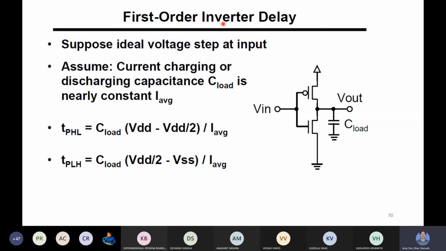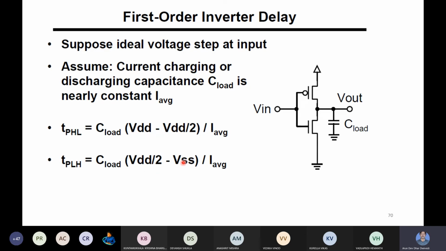Similarly, it is a first order approximation. First order inverter delay calculation is a very simple approximation: C load times (VDD minus VDD by 2), because at the 50% point the output is VDD by 2, and we consider the average current I average. Similarly, TPLH we can calculate. It is going from low to high, so when it reaches 50%, VDD by 2, and when it was low its output was VSS.